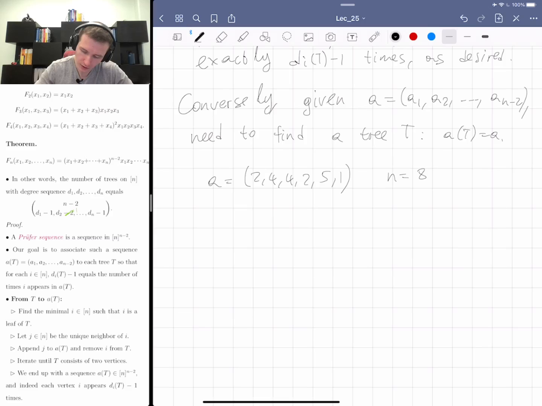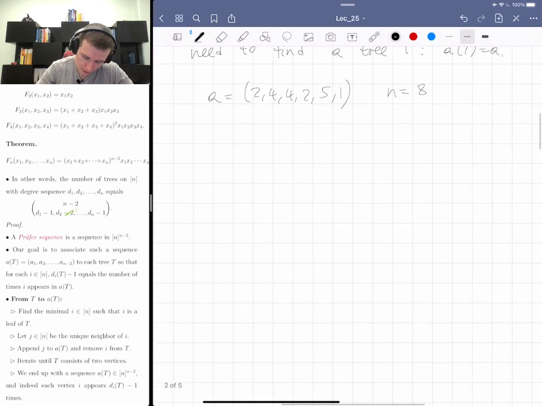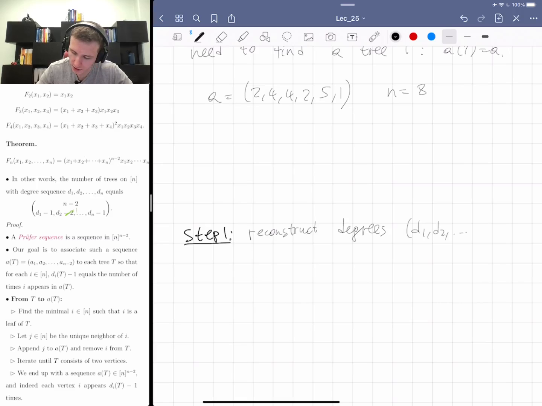Let me record the steps. Step 1 is I want to reconstruct the degrees, D1, D2, all the way up to Dn, using the observation above.